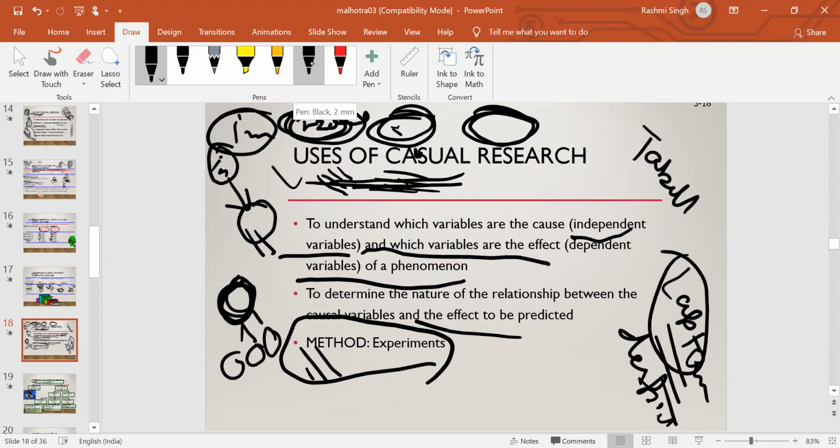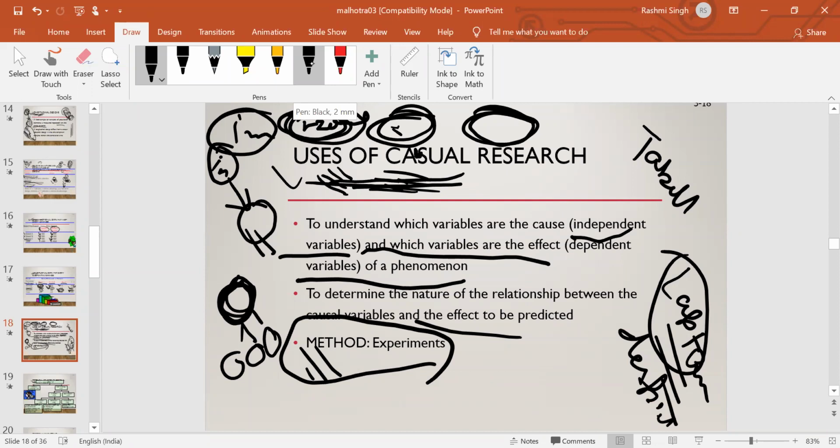That is a new concept I'm trying to develop, so that is my exploratory study, and all the steps that I'll follow will be different. Descriptive, if I want to do the profiling or to know more about my consumers or my target market, then your process will be different.